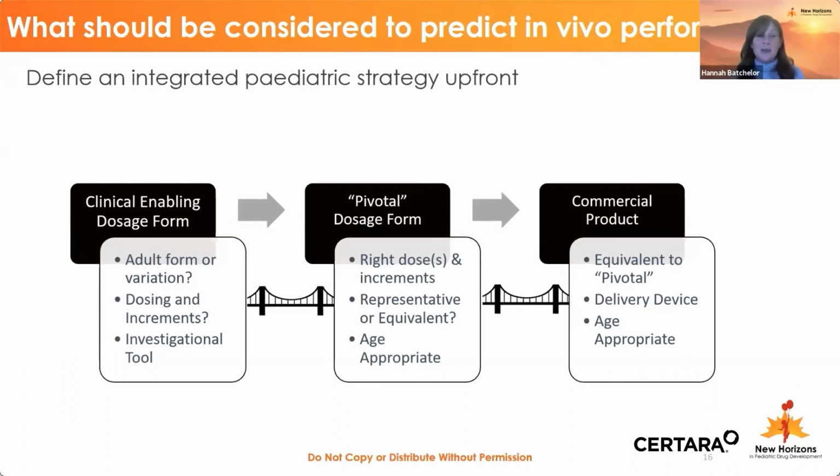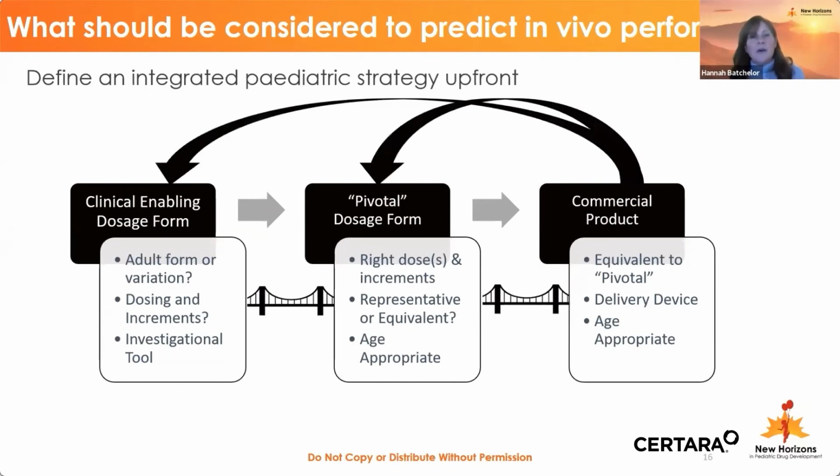We've really got to think about whether we're looking at the adult form or a pediatric variation, the dosing and the increments, and how we're exploring these different aspects. We're really trying to make sure that we're getting the equivalent to the pivotal formulation in terms of the matched exposure for children versus adults. So we're bridging back from this commercial to make sure that this is always being consistent.